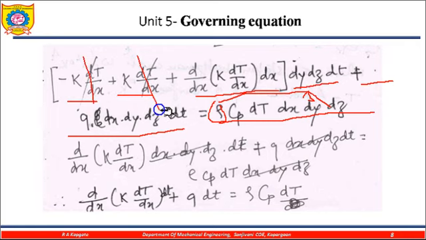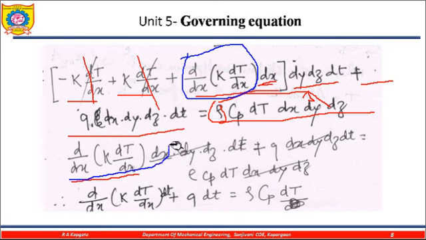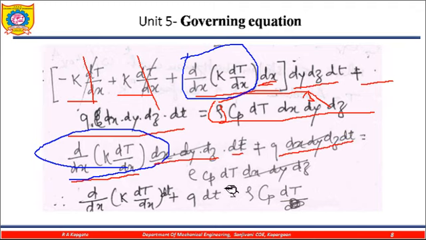So what we get, this one cancels, so we get d by dx of k into dt by dx into dx. Now this dx is available, so the term d by dx is available here, then dx dy dz into dt plus q into dx dy dz dt is equal to rho cp dt dx dy dz.